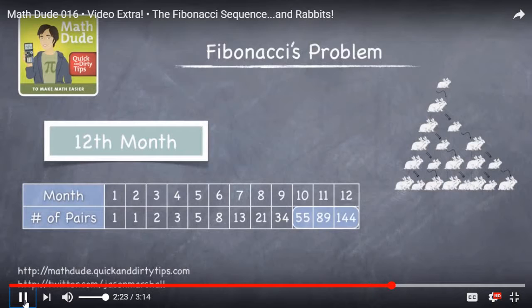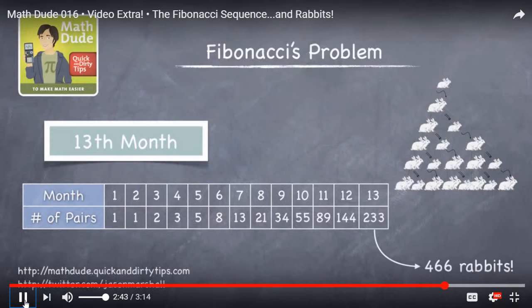But is that how many pairs the rabbit pen would actually contain after 1 year? No. That's the number of pairs in the pen at the beginning of the 12th month, not the end. So we actually need the number of pairs at the beginning of the 13th month, which is 233 pairs, or 466 rabbits.